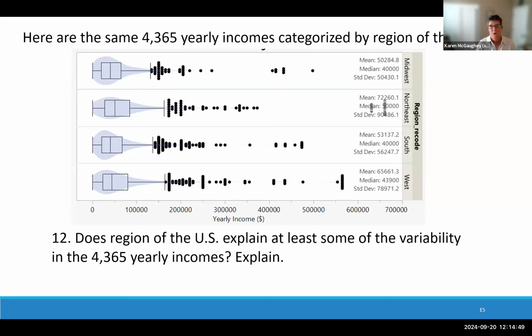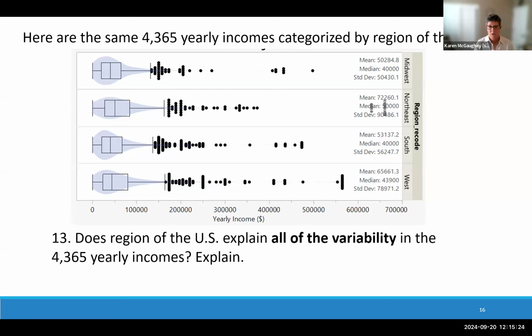Again, I want students to focus on 2 things: that the means and medians differ among those regions, and that there are smaller standard deviations inside at least some of those groups. So in the Midwest and the South, the standard deviation, or the leftover variability, is smaller than that original overall standard deviation.